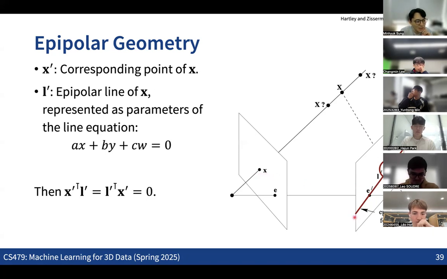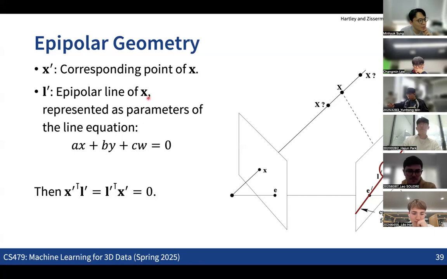So this line, where the corresponding point of X can be present, is called the epipolar line of X. So given any point X in the first image, the epipolar line in the second image is the line where the corresponding point of X can be placed. Make sense?